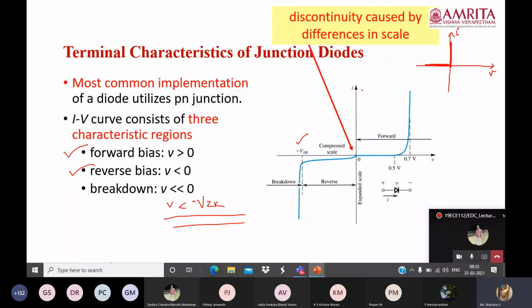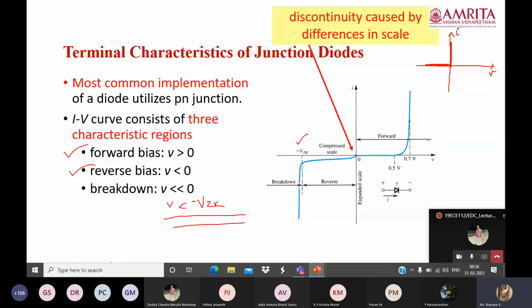So you can draw the diagram, and I'll explain each region. That time it will be clearer to you. Please sketch this IV characteristics of a junction diode. I'll tell you how. Till 0.5, that is the cut-in voltage, the diode will not be conducting. When it reaches 0.5, the diode starts conducting, and when it reaches 0.7 volt, you will get a rapid rise in current, a fully conducting diode.